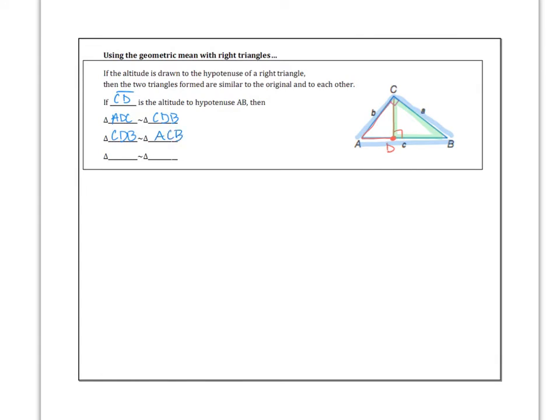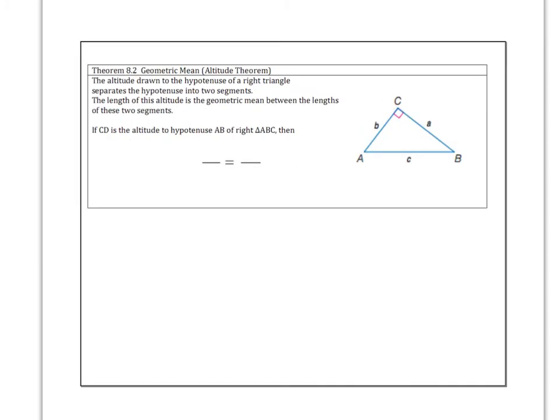And then also the little triangle, ADC, is similar to the large triangle, ACB. So all three triangles end up being similar to each other. Kind of cool.